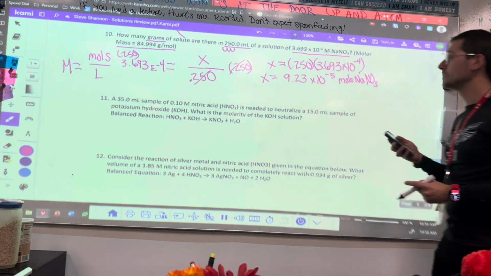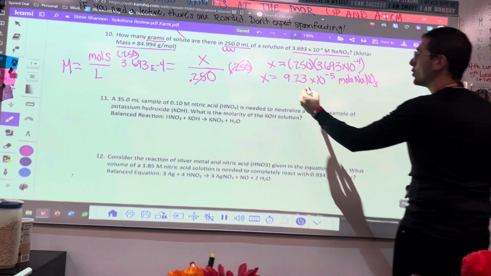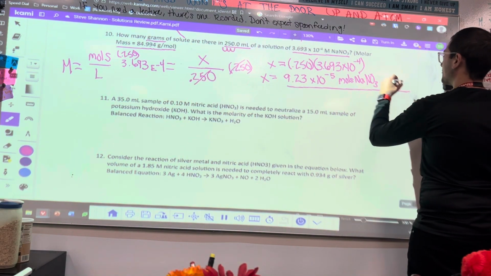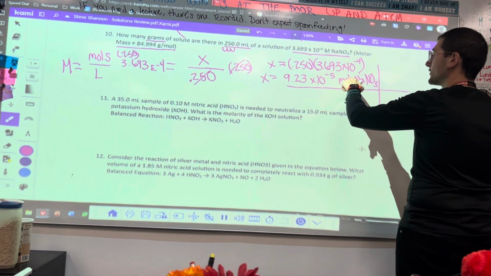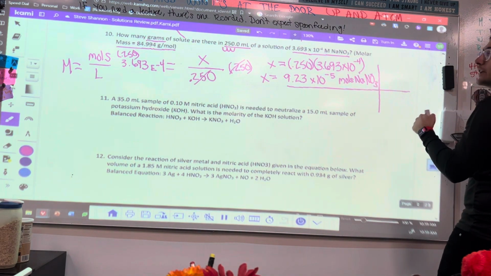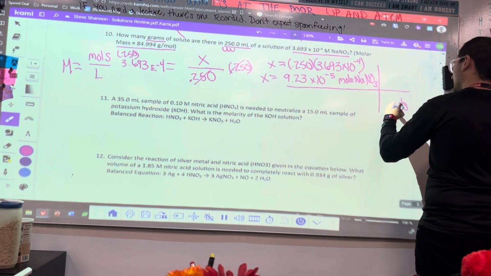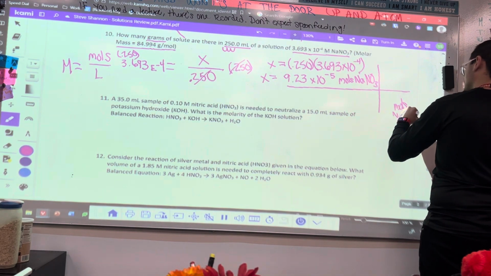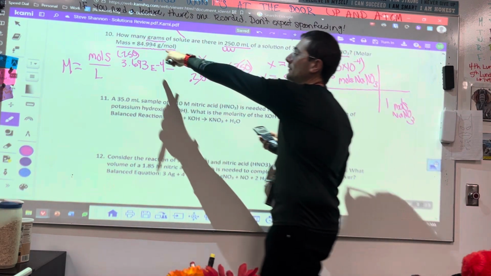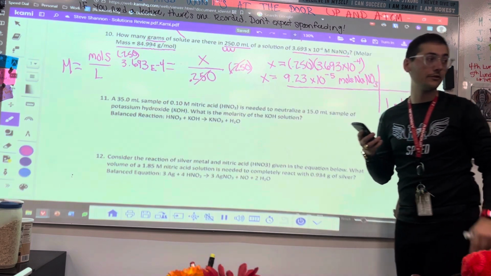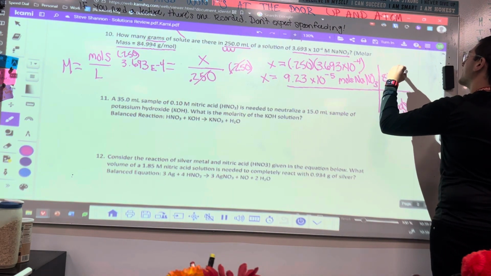Well, now I need this in grams. So I need to take my moles NaNO3 and convert it to grams. So I take this answer, I have my unit moles NaNO3, and I drag down moles NaNO3, and 1 mole equals 84.994 grams of sodium nitrate.